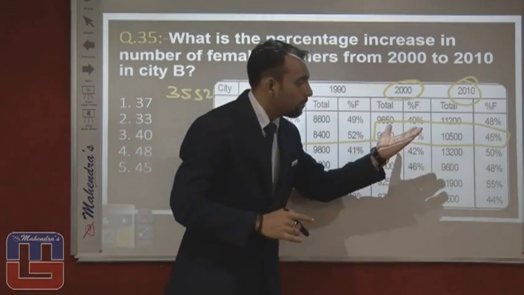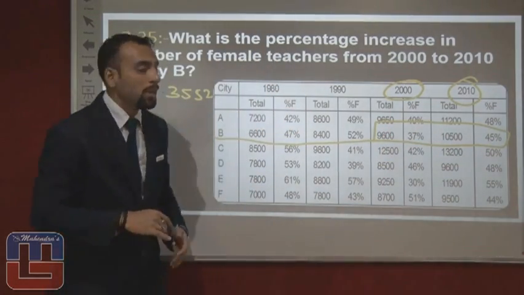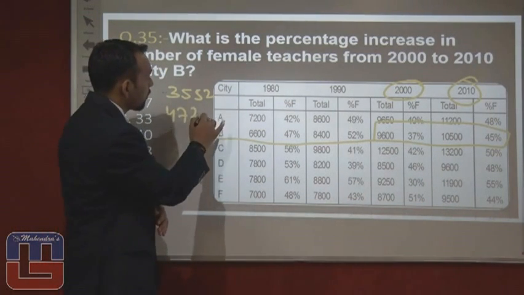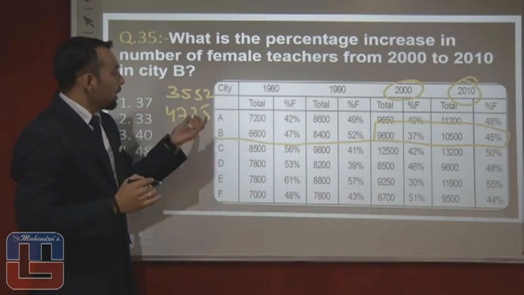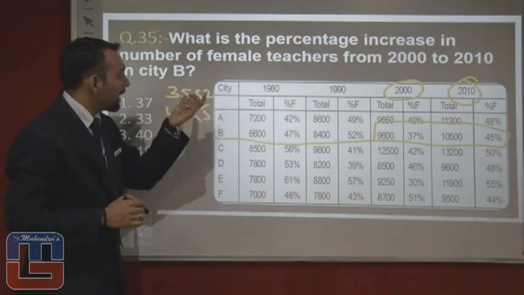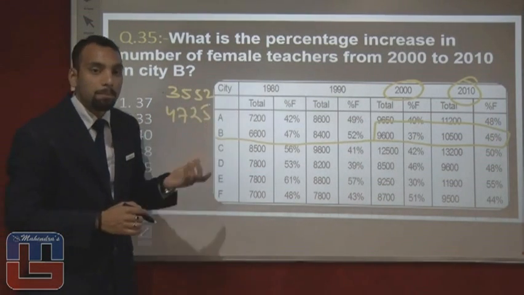The percentage of female is 45%. So 45% of 10500 will be equal to 4725. Directly I am writing, this is the number of female in year 2000 and this is the number of female in year 2010, in city B.